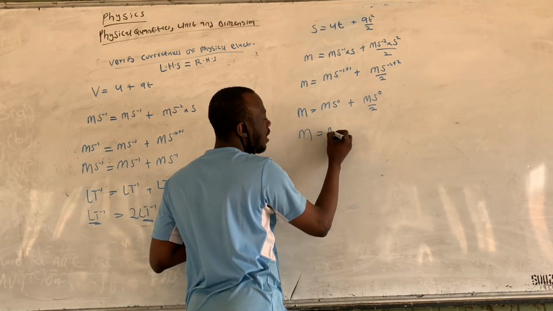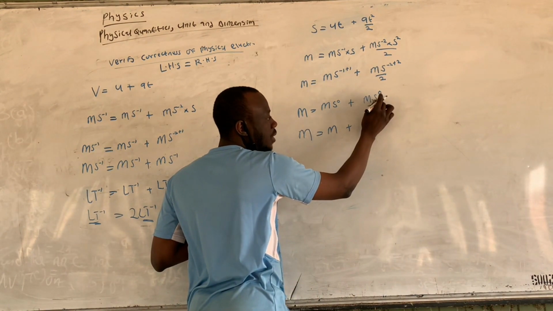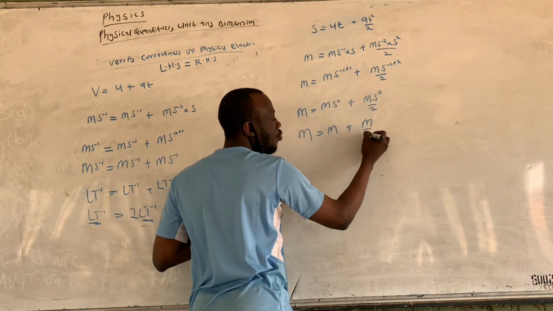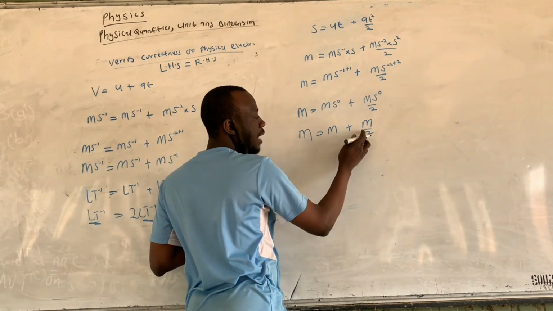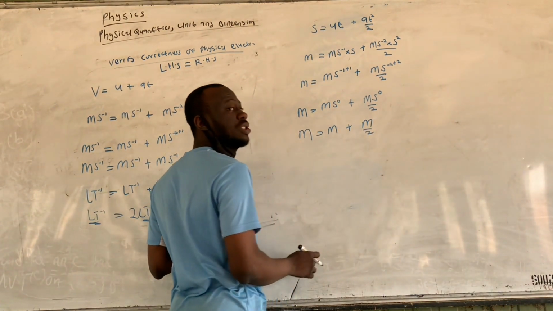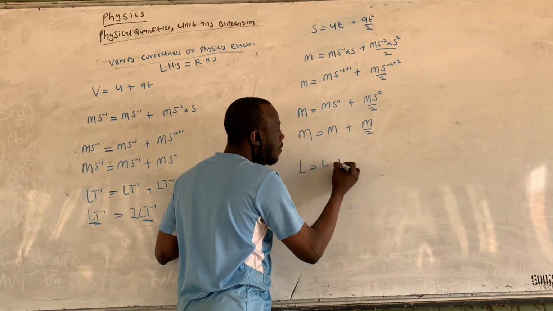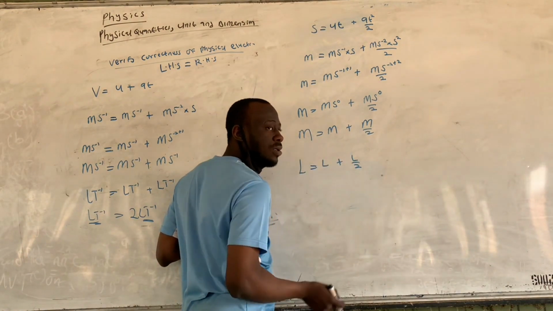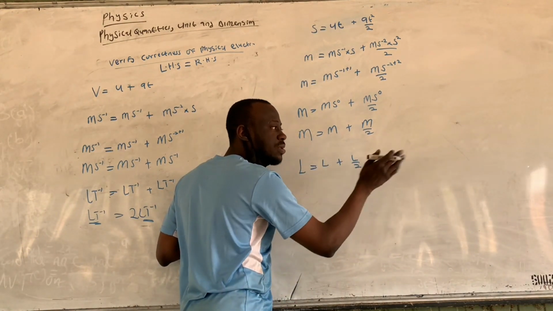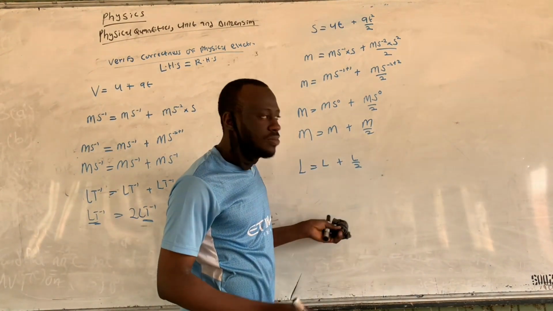Now we can remove the 2 because of dimension. Now we have L equals L plus L over 2, for example.